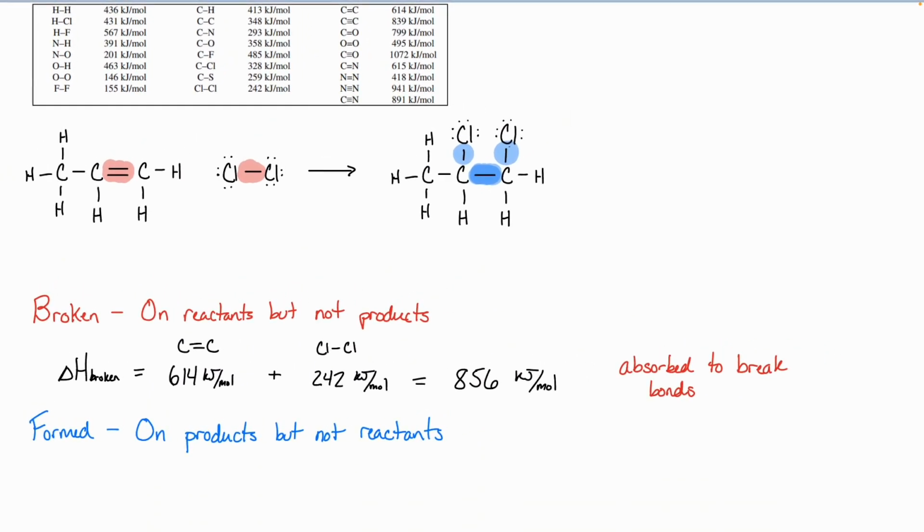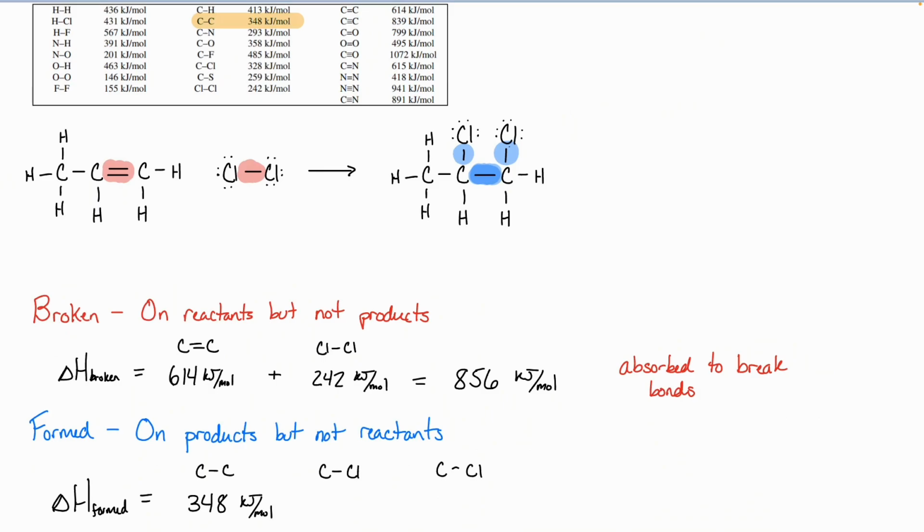All right, so now we're going to do the same thing, but with the other side. We're going to calculate the amount of energy that's released when these new bonds are formed. We have a carbon-carbon bond, and then we have two carbon-chlorine bonds. So I'm going to add all of those up, finding them on my table here. Carbon-carbon single bond, that's 348 kilojoules per mole.